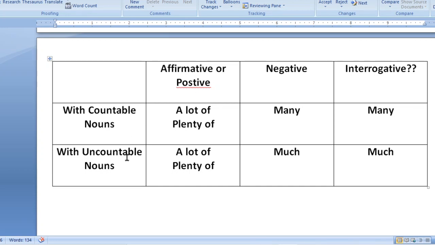Positive uncountable ആണെങ്കിൽ a lot of, plenty of. It's the same. Negative countable answer many, negative uncountable answer much. Interrogative countable answer many, interrogative uncountable answer much.